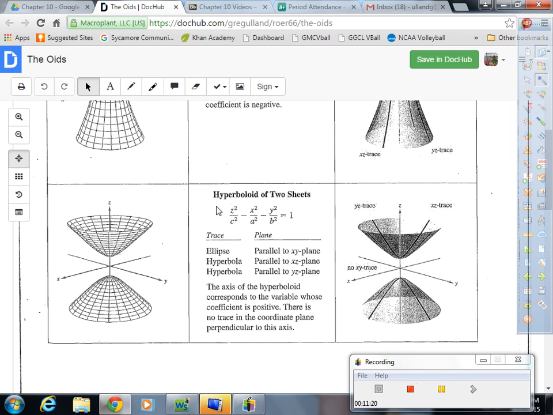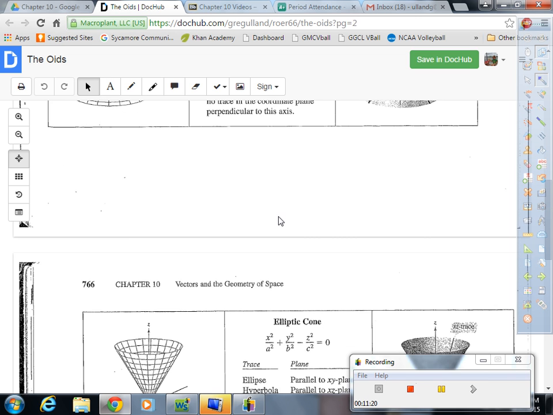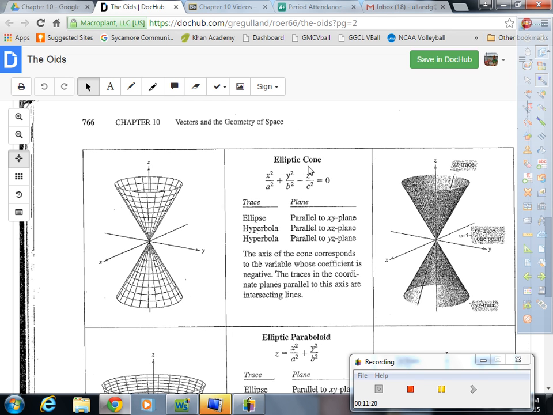This is a hyperboloid of 2 sheets. Notice it's a positive, a negative, and a negative, equals 1. Okay? This is an elliptic cone. It's an elliptic cone because A, B, and C are not necessarily the same. So while this thing right here looks like a circular cone, it doesn't have to be. Those are ellipses.